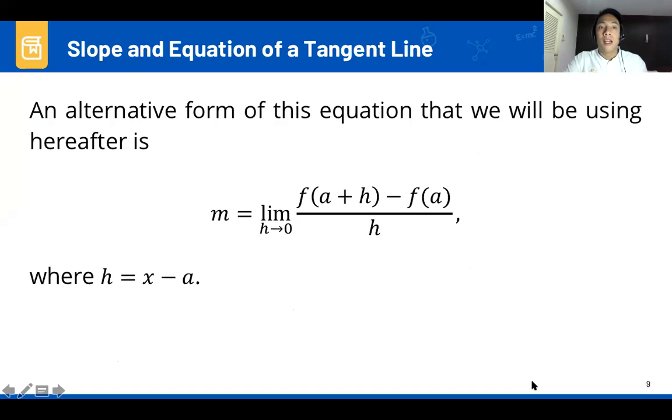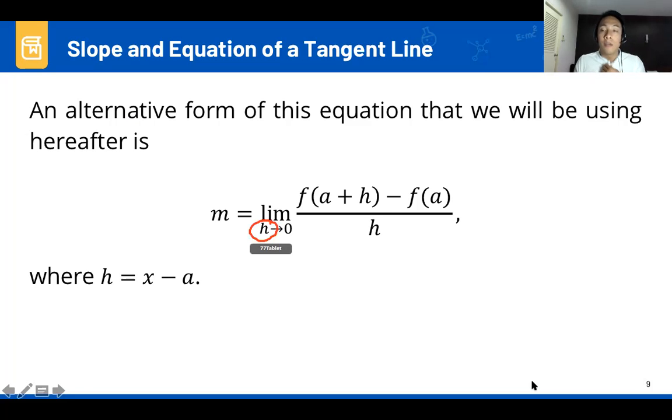This will be the alternative form of the slope of a tangent line. So we have different parts. As you can see, since we are using always x for the lower part here, for this lower part, right?